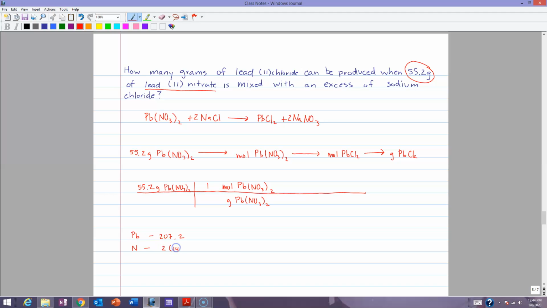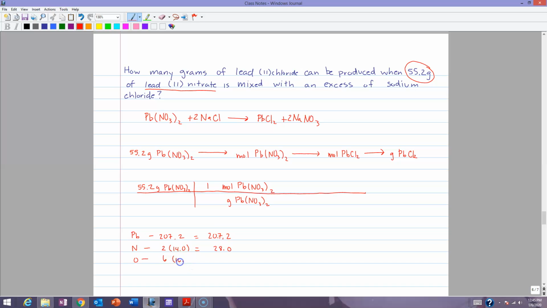Each one is 14 grams. So that's going to give me a total of 28 grams from nitrogen. And then for oxygen, I have 2 times 3, or 6 oxygens.